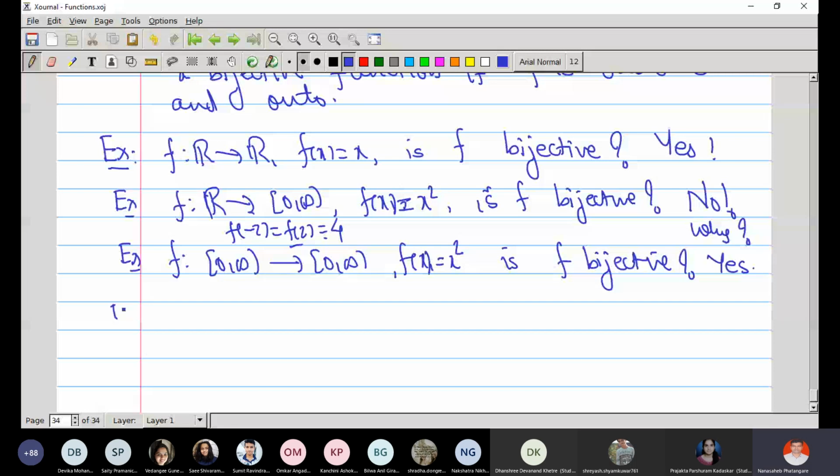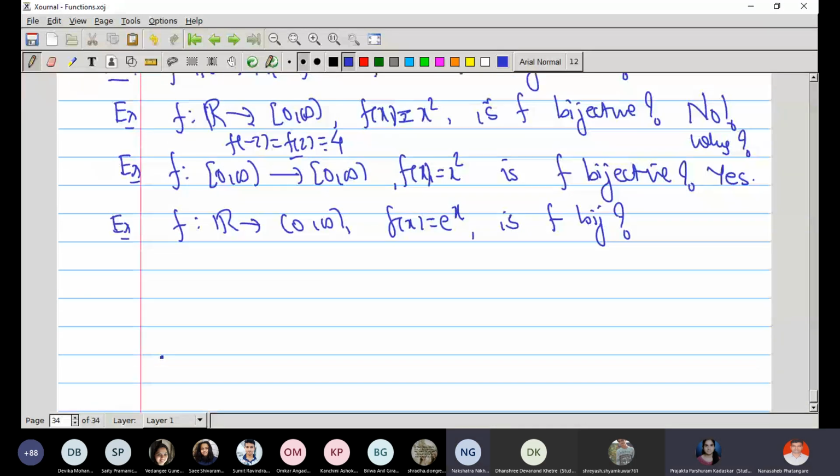So f from R to 0 to infinity, f(x) is equal to e raised to x. Is this bijective? Yes, sir. You can think, look at the graph.